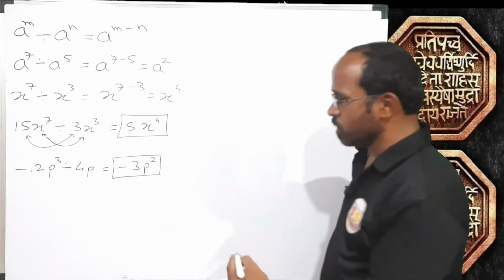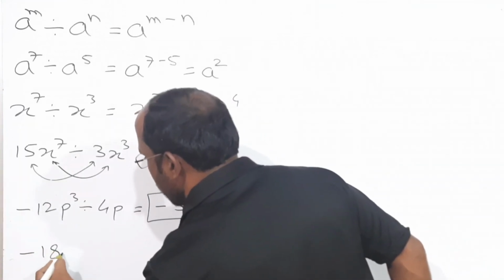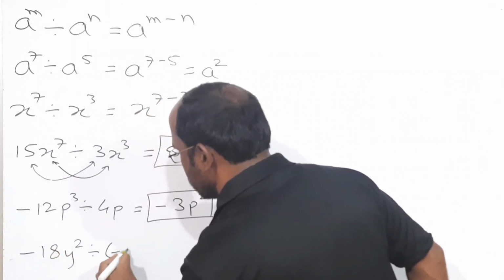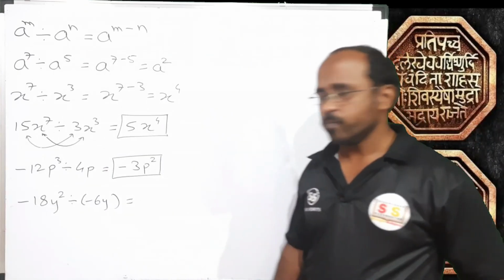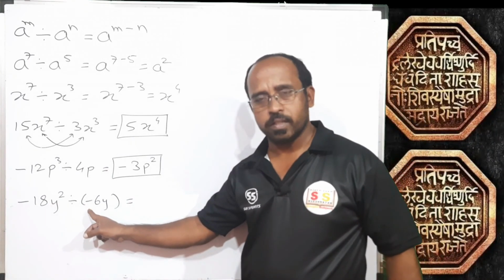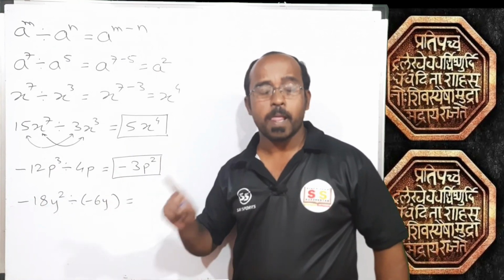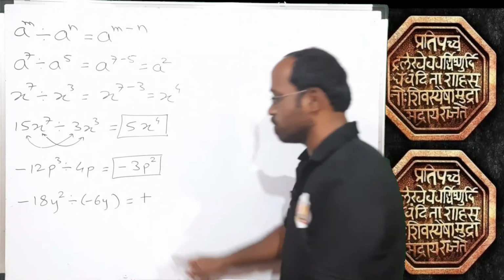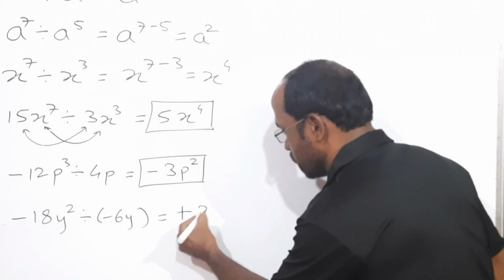Clear, students? Suppose the question is minus 18y square divided by minus 6y. So what will be the answer? We have to divide coefficient by coefficient considering their symbols. Symbols are minus, minus. Minus divided by minus is plus in the case of division. So plus symbol, either you write it or don't write it. 18 divided by 6, 3.